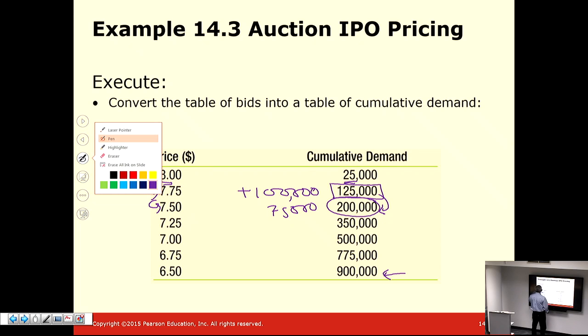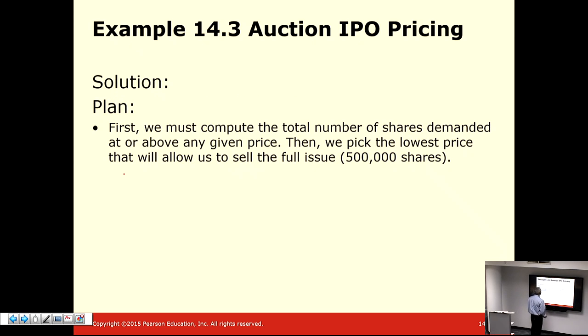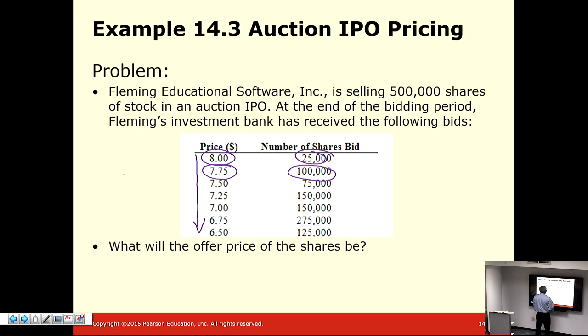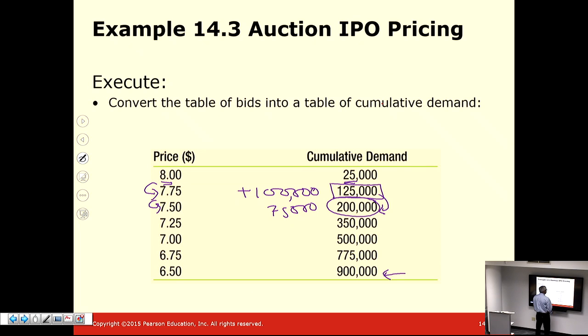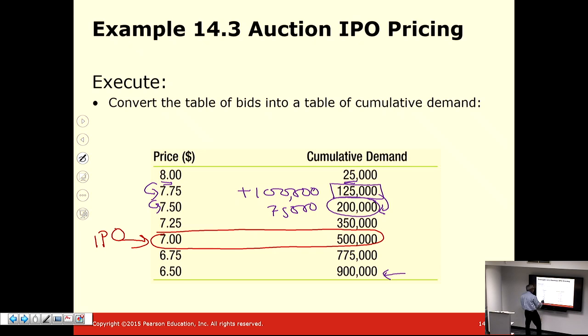And then I go back to my original problem, and I see that my goal in this company is to sell 500,000 shares. So at what price would 500,000 shares clear? And we see that the price at which 500,000 shares clear is $7. That means if I set the IPO price at $7, I will be able to sell all 500,000 shares.